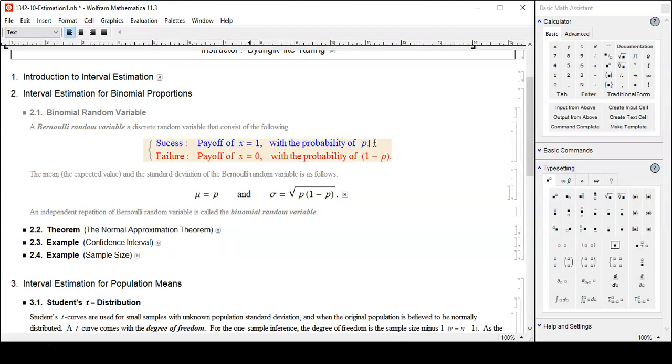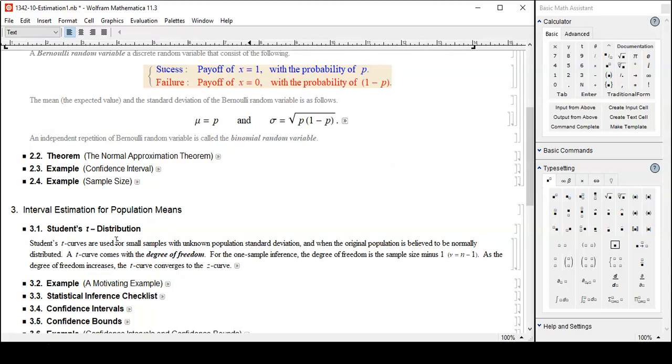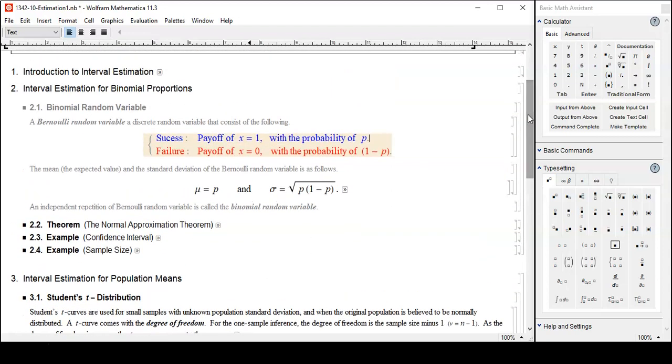Just one draw of ball or one roll of die, those kind of things, is called Bernoulli random variable, and that's discrete, has only two outcomes, success and failure, and this does not resemble normal at all. So in this case, the t-distribution of these kind of things, none of that will work. So how do we make it work here for section 2?